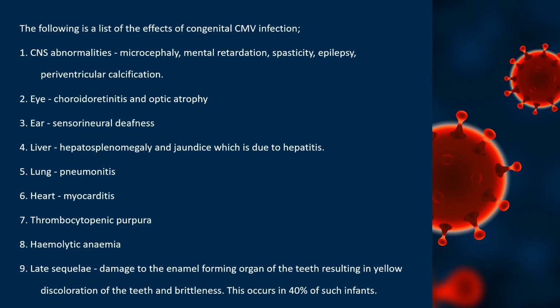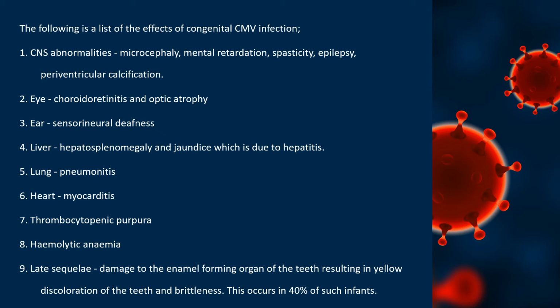Then spasticity, which means the muscle tightens or stiffens. Then epilepsy, which is abnormal brain activity. And another condition is periventricular calcification, that means the white matter of the brain gets damaged.